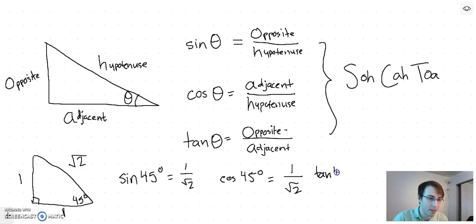And then tangent of 45 degrees equals, well, opposite is 1, adjacent is 1. So these would be the outputs of the trig functions for a 45 degree input.